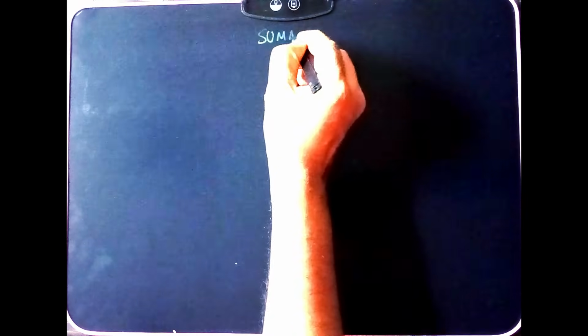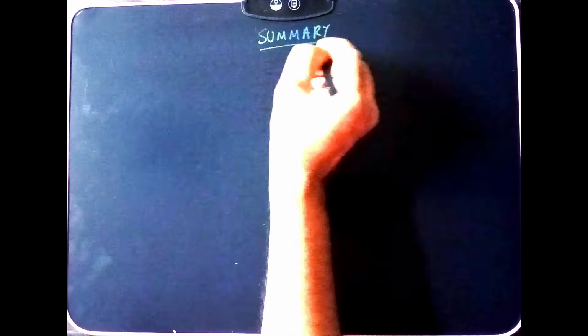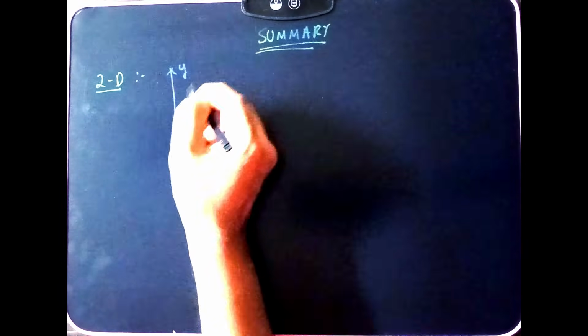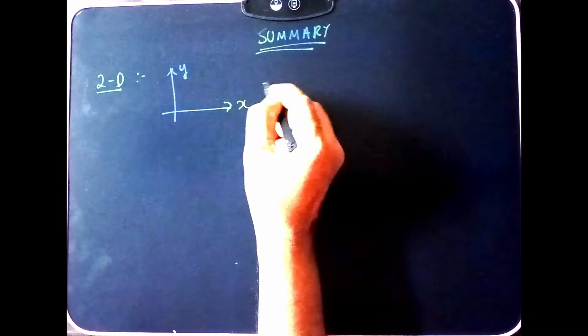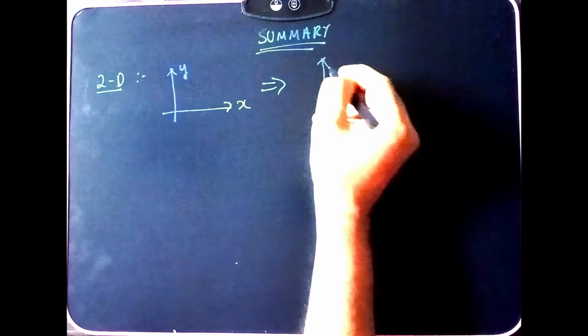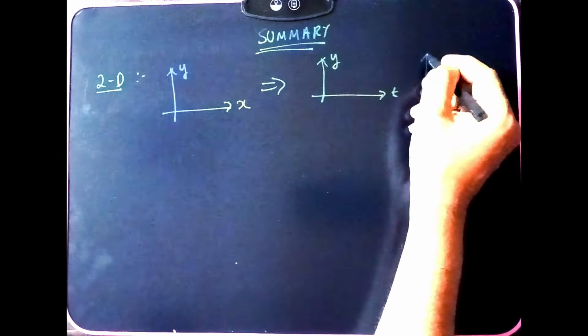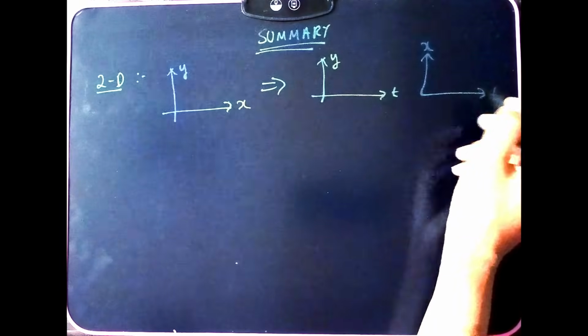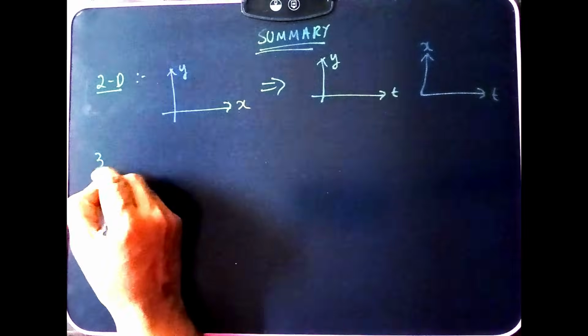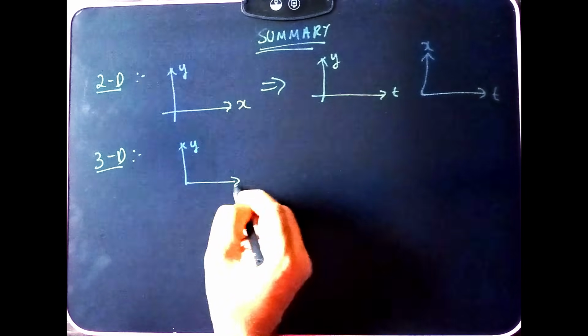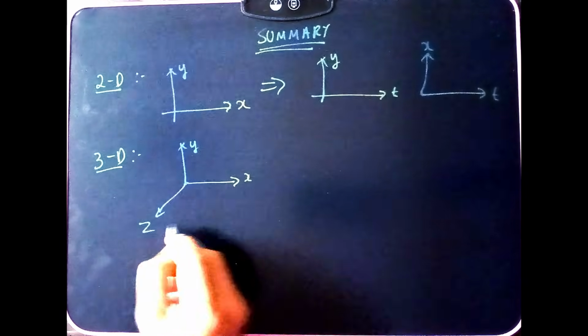So what we have learned so far is that in two-dimensional motion, we have the y-axis and x-axis, and this can be represented as a y versus time graph and also an x versus time graph. So time is the common variable. In three-dimensional motion, you'll have y, x, and z.